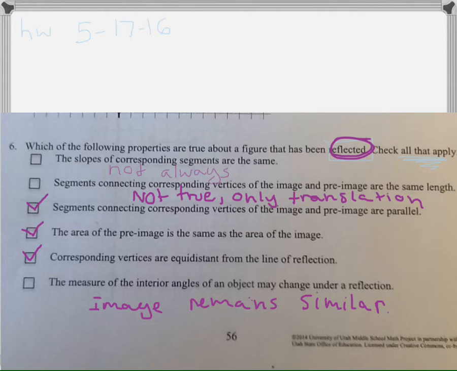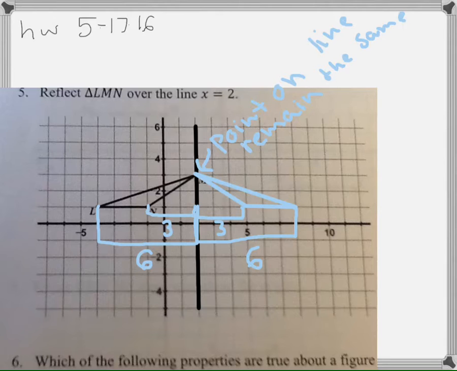The second one says that segments connecting corresponding vertices of the image and pre-image are the same length. This is not true because each point is reflected across a line, or in the last problem's case, x equals 2.